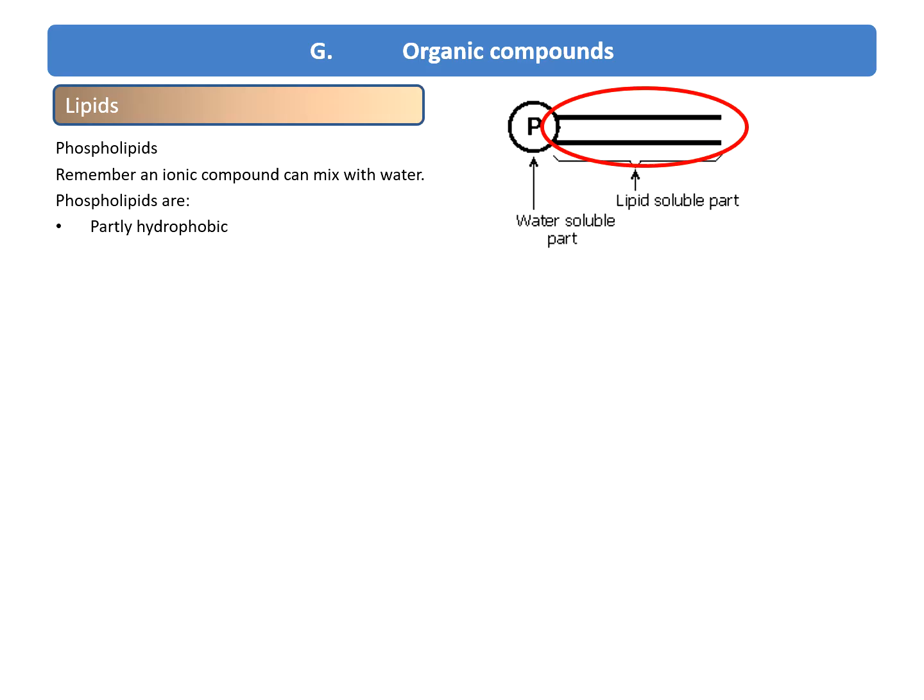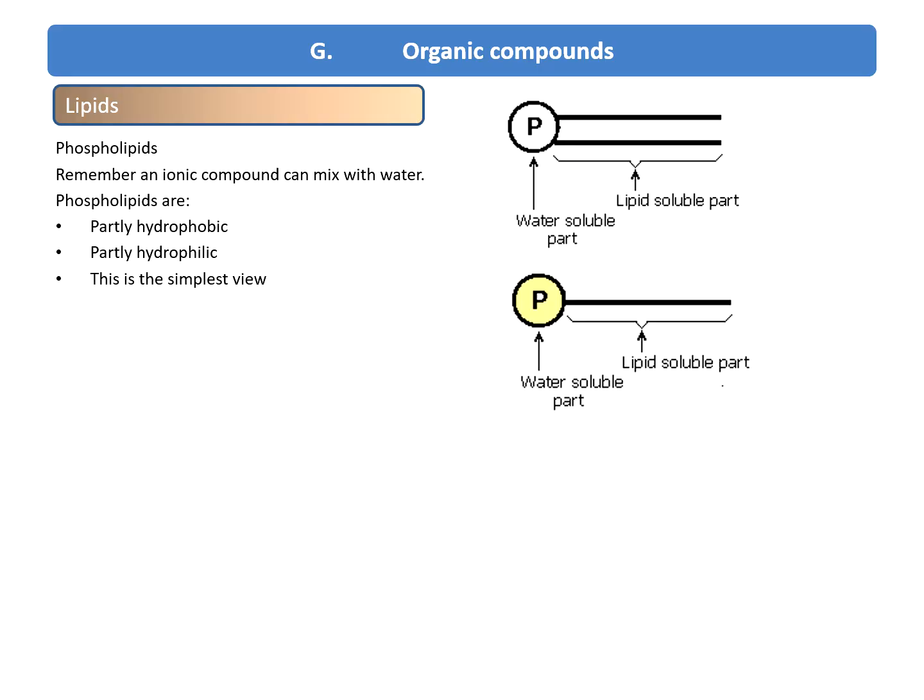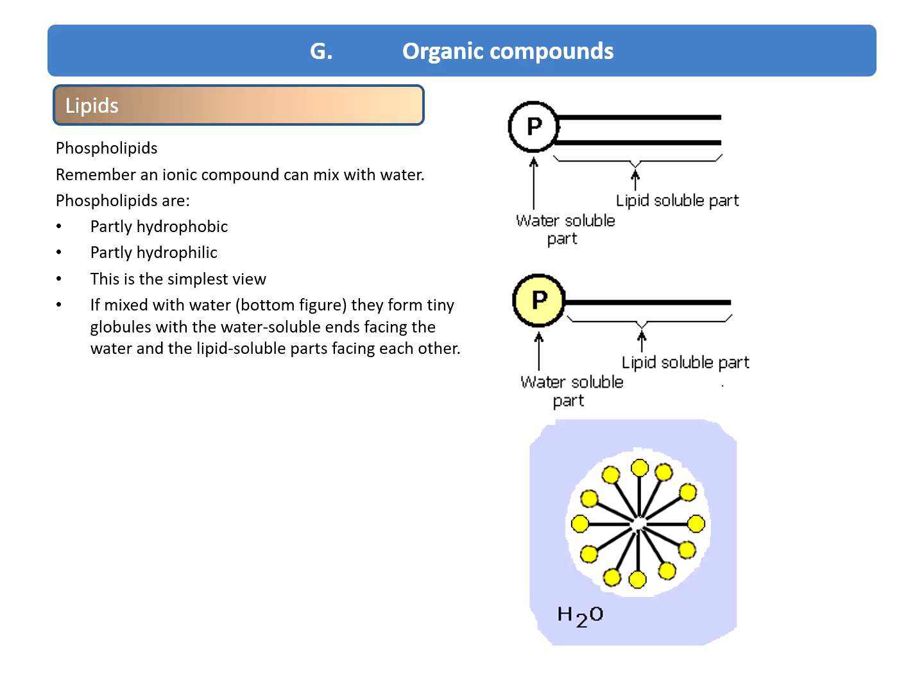Phospholipids are unique in that they are partly hydrophobic, the lipid-soluble part, and partly hydrophilic, the water-soluble part. This is the simplest view of a phospholipid, and I'll use this model throughout the course.